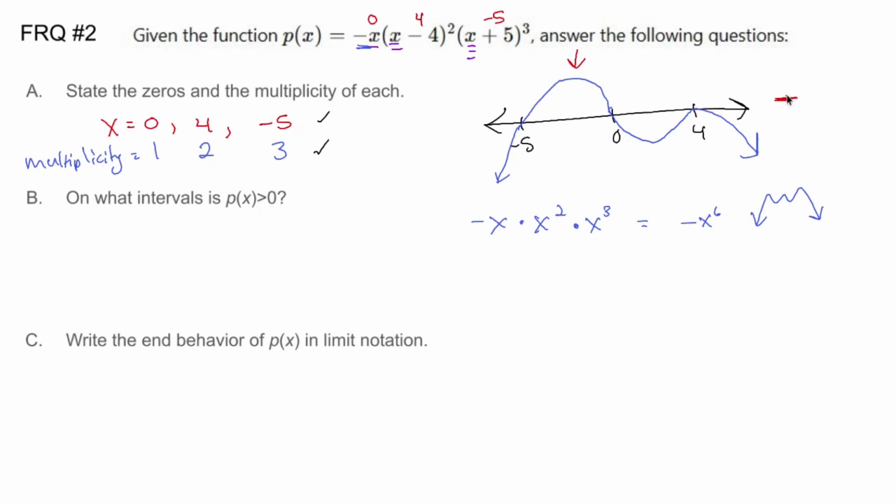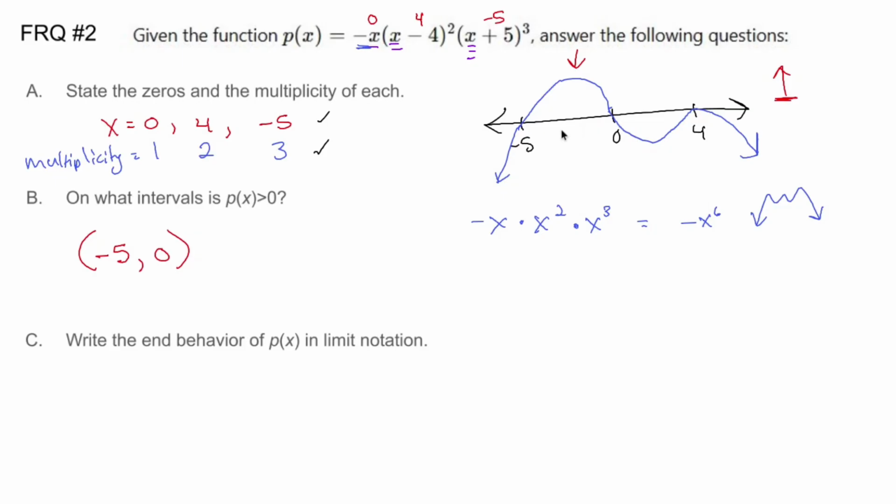So we want the spots that are only above the x-axis and not touching it. So we will say negative 5 but not including, all the way to 0 but not including, and that's it. Now, if we did include 0, then we would put brackets here, and we would also include 4. But we don't have to do any of that because we only care about when it's above the x-axis.